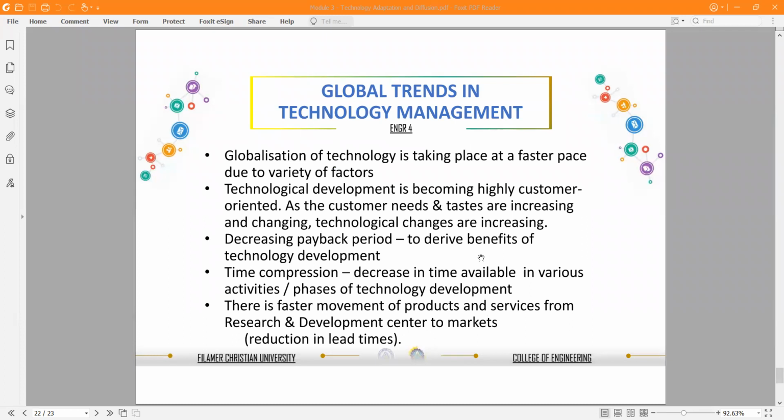Globalization of technology is taking place at a faster pace because of a variety of factors. Of course, because of the advancement of technology, the globalization of technology also increases.